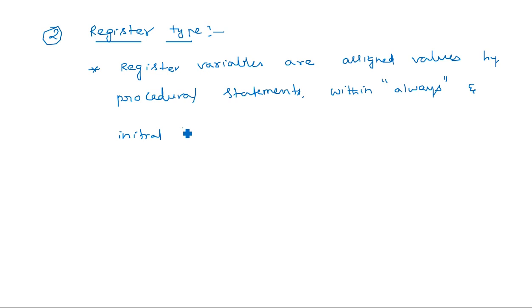That means by seeing this line, we can understand that the previous one, the net type, can be used for all combinational circuits. That's why we have used AND gate, OR gate, and so on. Whereas the register type is particularly used for memory elements.